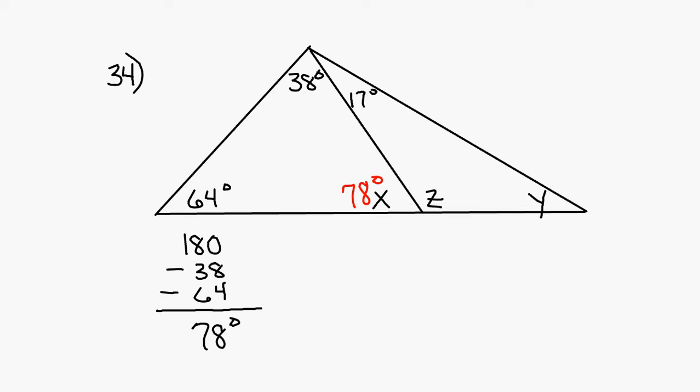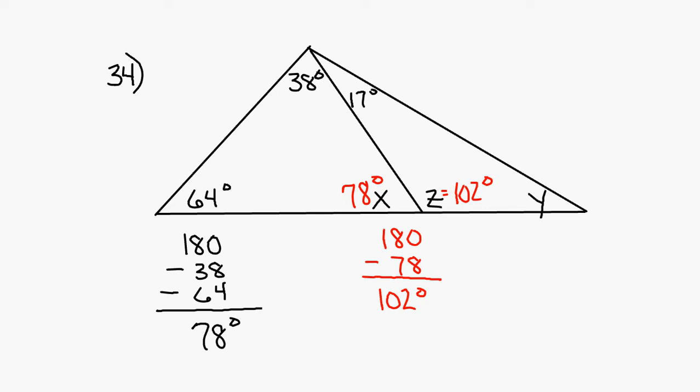Angle x and angle z are vertical angles. So if you take 180 and subtract 78, it'll give you the measure of angle z, which is 102 degrees. So this angle right here is 102. And now you've got this triangle on the right where the angles need to sum to 180.